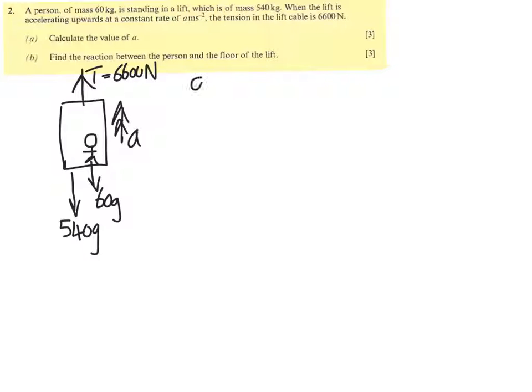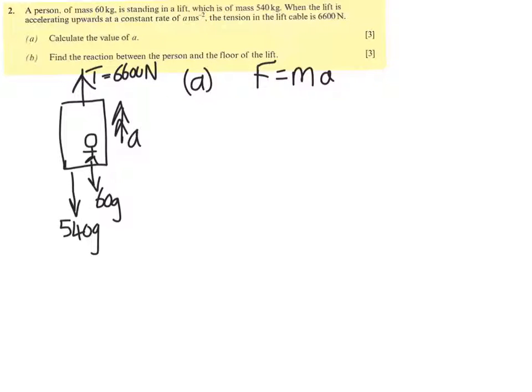Let's do part A. I'm going to apply F equals ma, Newton's second law, but I'm applying it to the whole thing. So I've got to account for both of these forces on the F side of the equal sign. Acceleration's going that way, tension's going that way, so they are both positive.